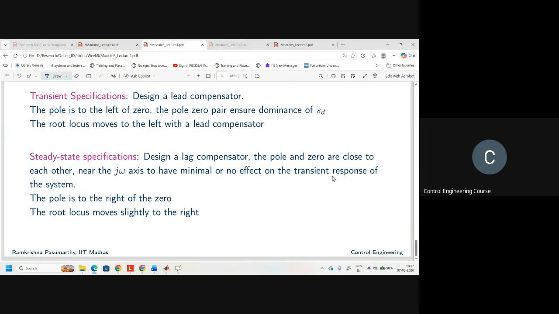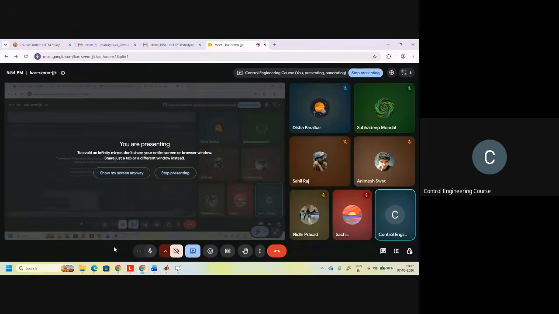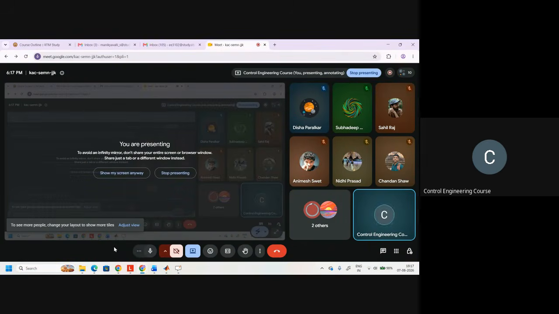So let's take one concrete example, designing the lead compensator and lag compensator completely. Are you getting the design steps, right? Please unmute and tell me. The lead compensator is for transient response specifications and the lag compensator is for steady state specifications.